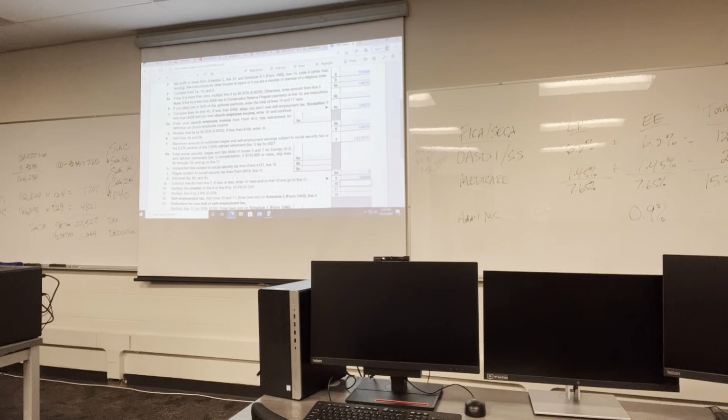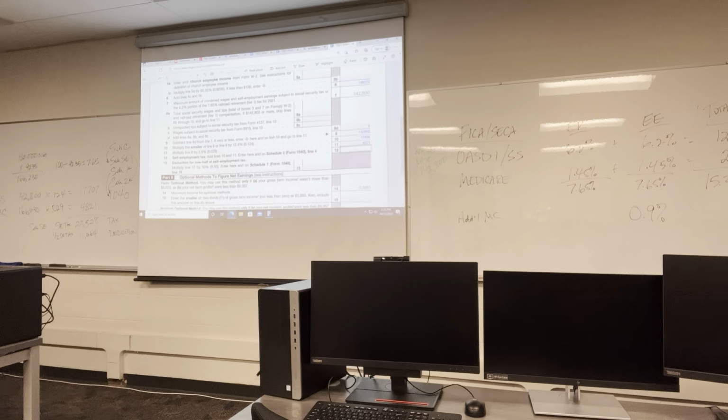So this is where we're taking the smaller, we did that, by 12.4, and it was 17,406. Multiply line 6 by 2.9%, 4071. Add those two together, and it says here, add those together and put on Schedule 2.